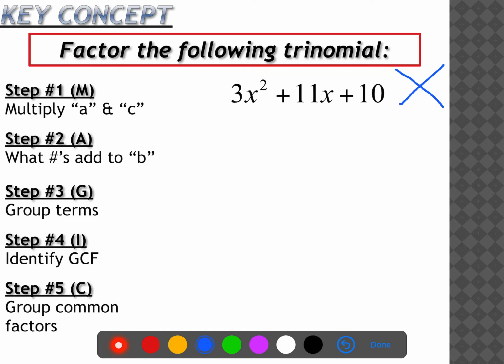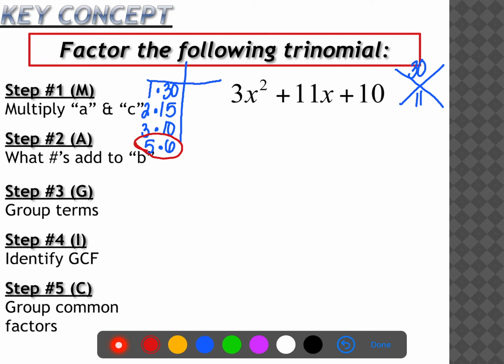Okay, so set up my big X. So A times C is 3 times 10. B is 11. Okay, so my factors of 30, and I'm looking for which one adds to 11.